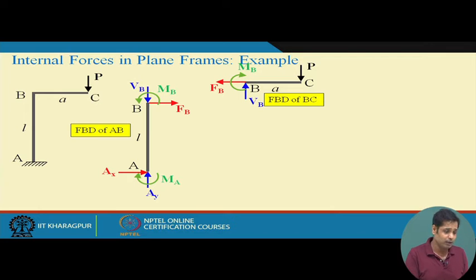One comment here: at joint B we have only two members, BC and BA.